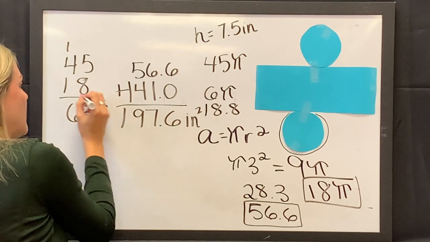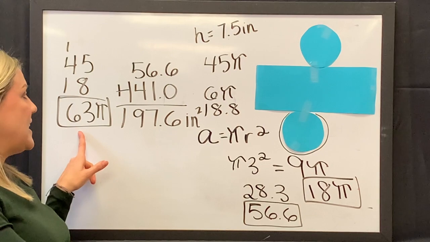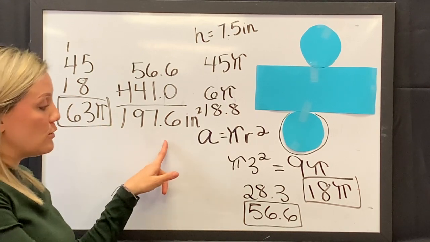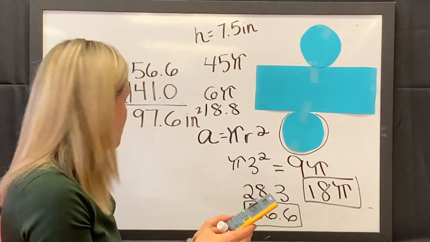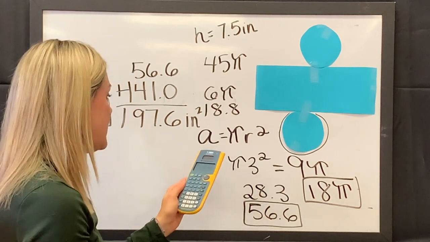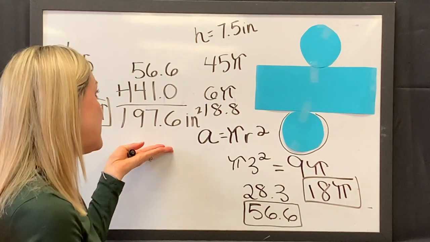63 pi. Now, just to double check my answer, I should take 63 and multiply it by pi to see if it's close to my rounded answer, okay? 63 times pi is 197.9. So it's very close to our rounded answer, okay?